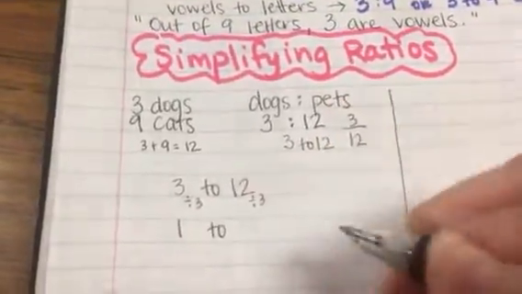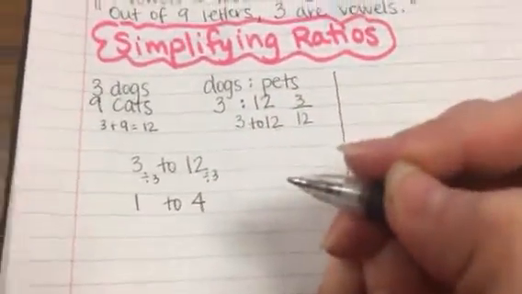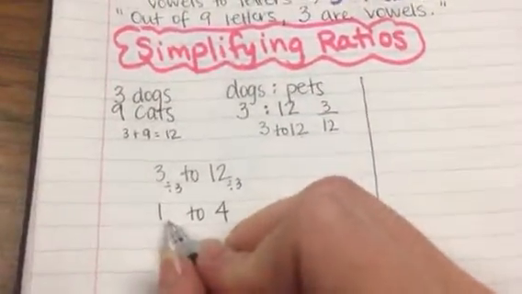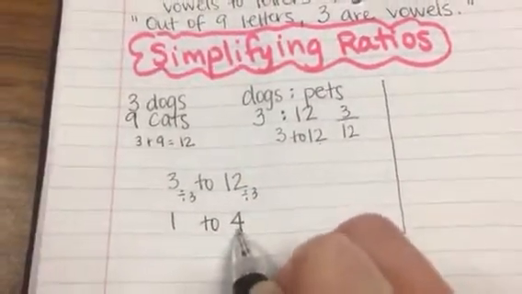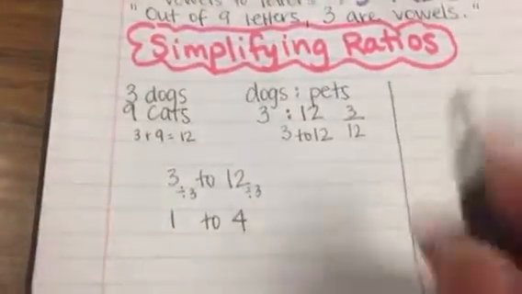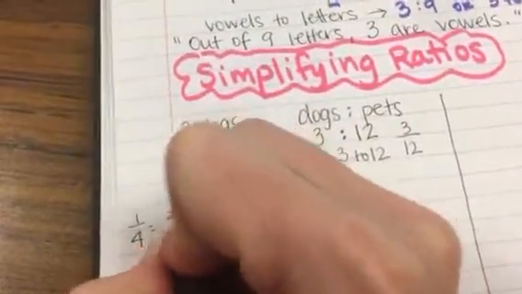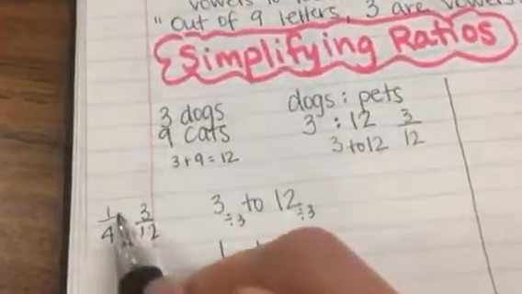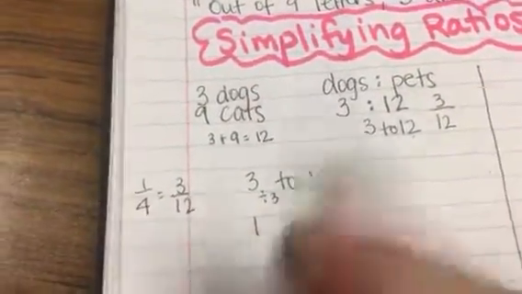And if I simplify this by 3, that gives me a 4. So the simplified ratio of dogs to pets is 1 to 4. You will notice that these are just really equivalent fractions. If I write 1/4 and 3/12, those should be equivalent fractions. 1 times 3 is 3, 4 times 3 is 12.